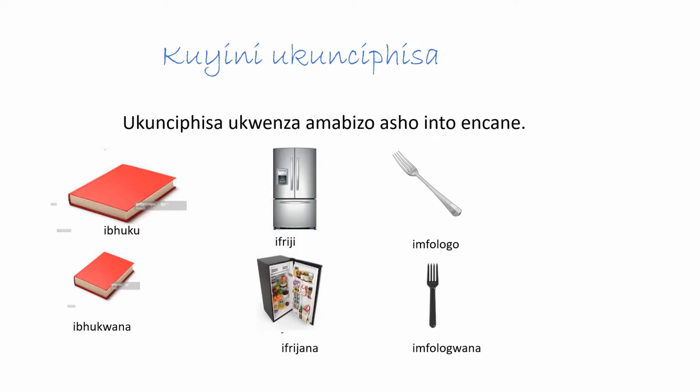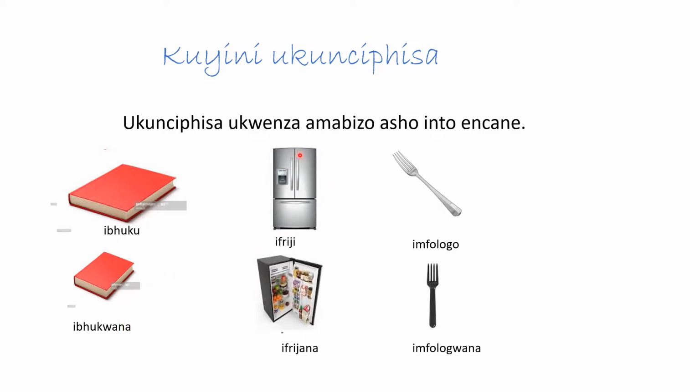Kuyini ke ukunciphisa? In this slide, I just want to bring to your attention that when we do diminutives, we only deal with nouns. The nouns here are in the pictures that I brought for you. I have ibuku, and when the book is small, sithi ibukwana.